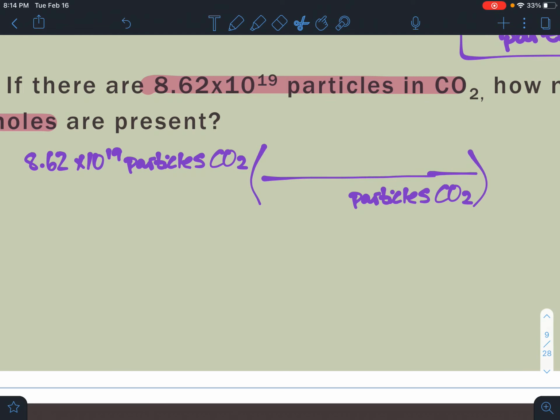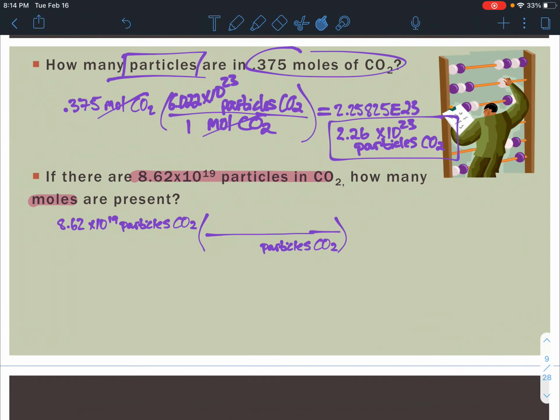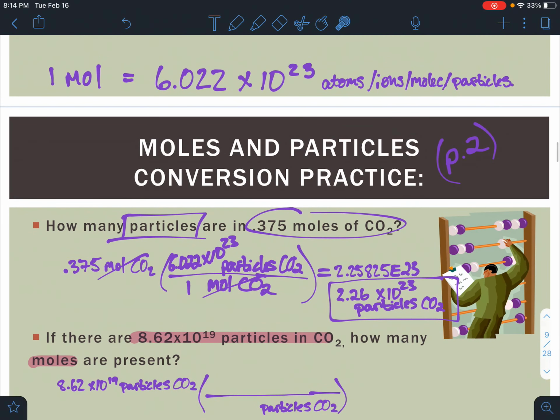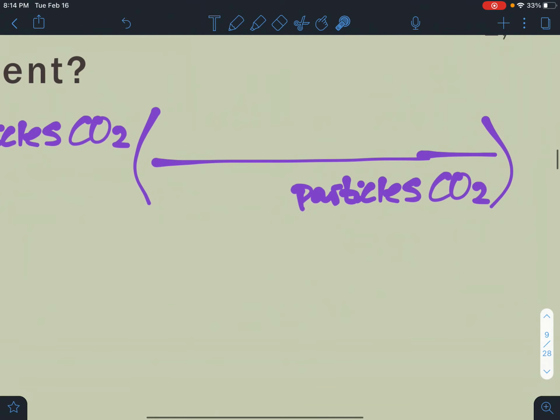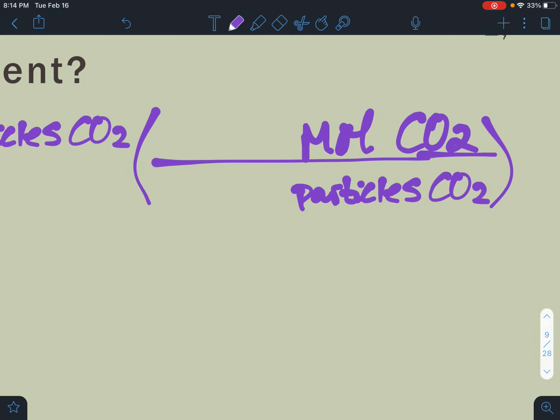We have particles of CO2. Anytime we have the word particles, that's always going to equal 1 mole of a substance. So moles goes on the other side of this conversion factor. So we have moles of CO2. And then the equivalence ratio is that 1 mole of a substance equals Avogadro's number, which is 6.022 times 10 to the 23rd.